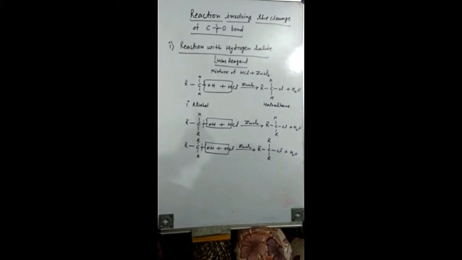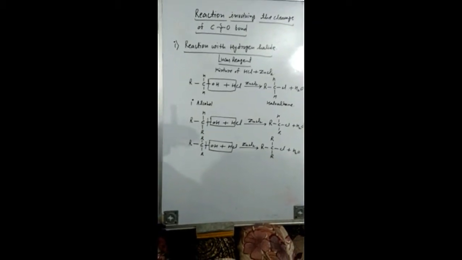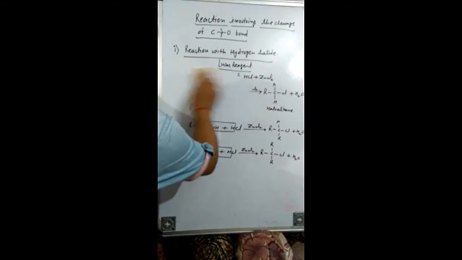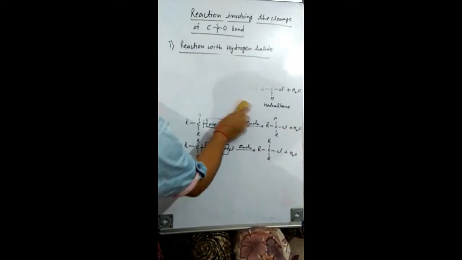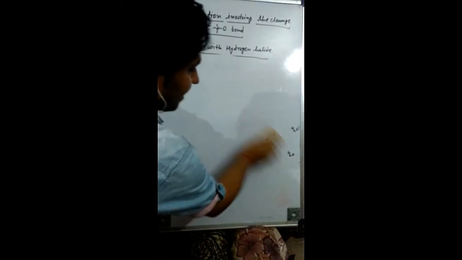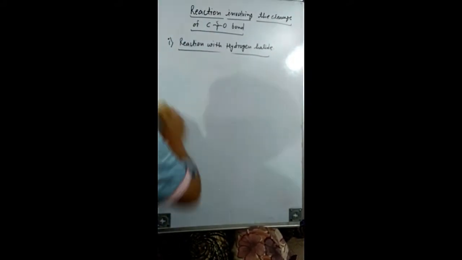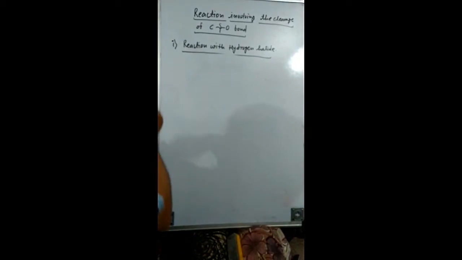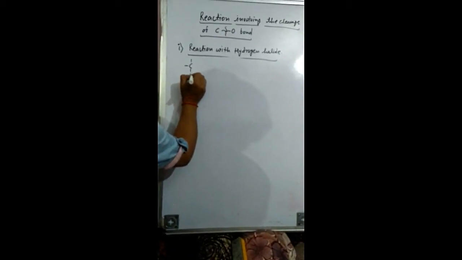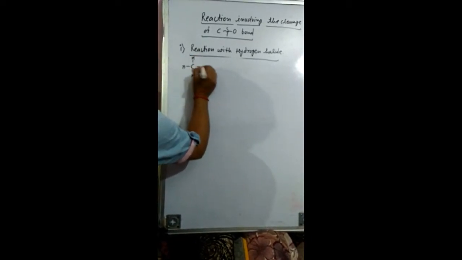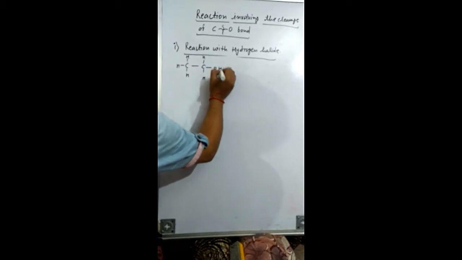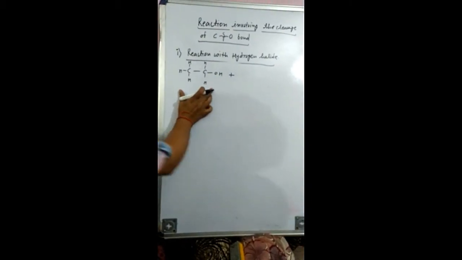Now I will explain one example related to primary, secondary and tertiary alcohol. For primary alcohol, suppose I have taken ethyl alcohol. This is CH3CH2OH, the ethyl alcohol.